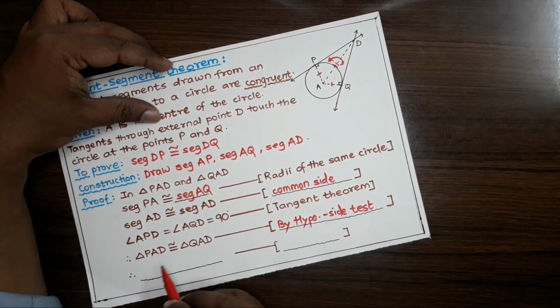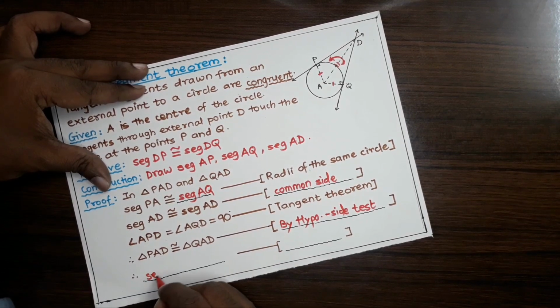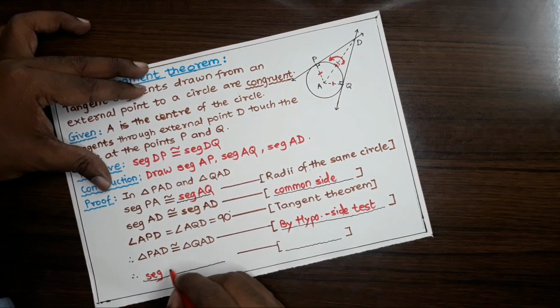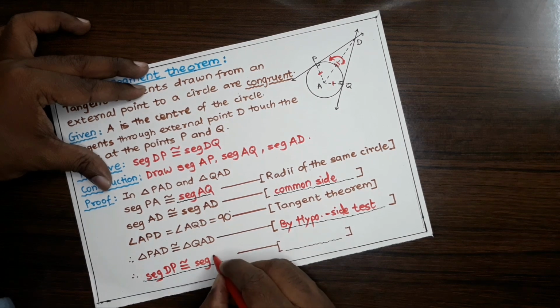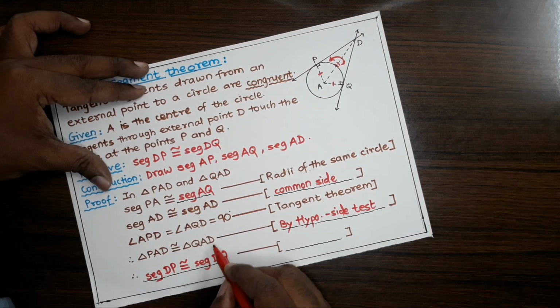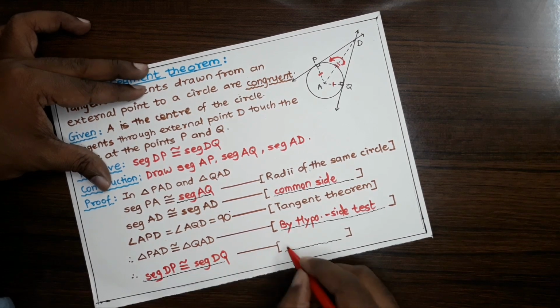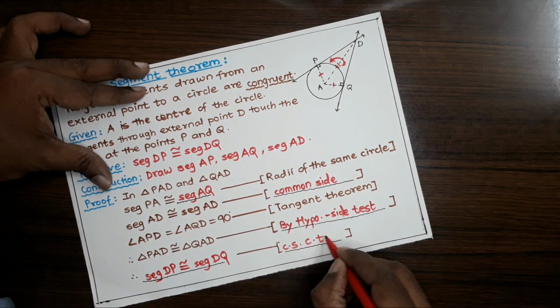Now, if two triangles are congruent, we can clearly write that segment DP of the first triangle is congruent with segment DQ. Why? Because these are corresponding sides of congruent triangles.